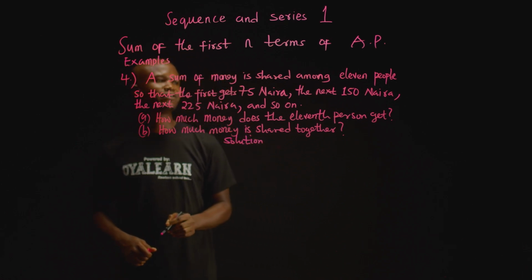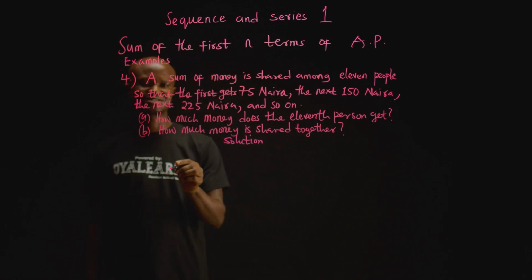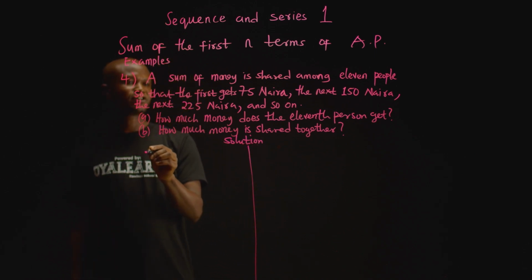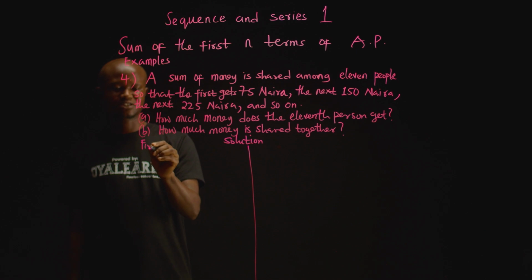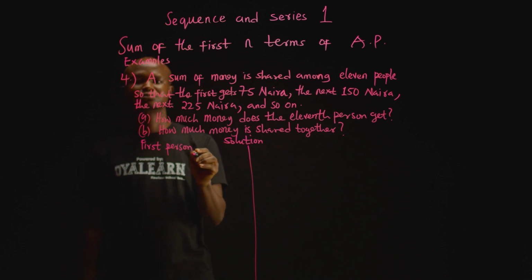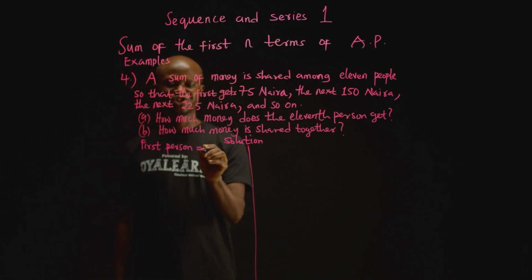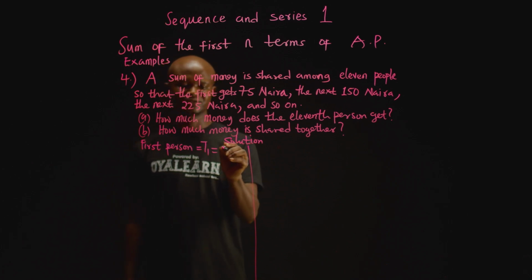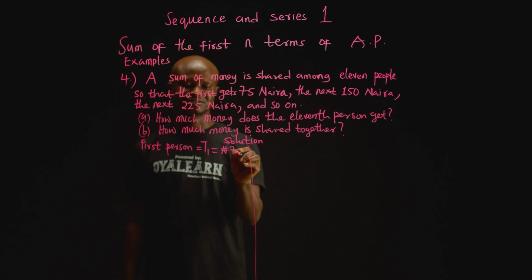Now, let's examine the first person, which represents T1. That is 75 naira.